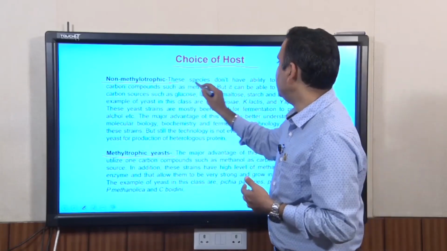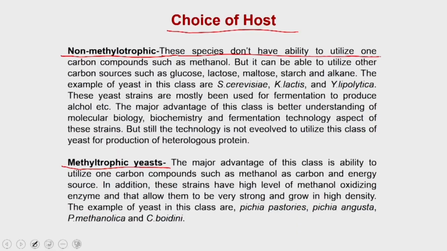So, these species do not have the ability to utilize one carbon compounds such as methanol, and that is why these are called non-methylotrophic yeast strains, but they can utilize other carbon sources such as glucose, lactose, maltose, starch and alkane. The examples in this category are Saccharomyces cerevisiae, Kluyveromyces lactis and Yarrowia lipolytica.